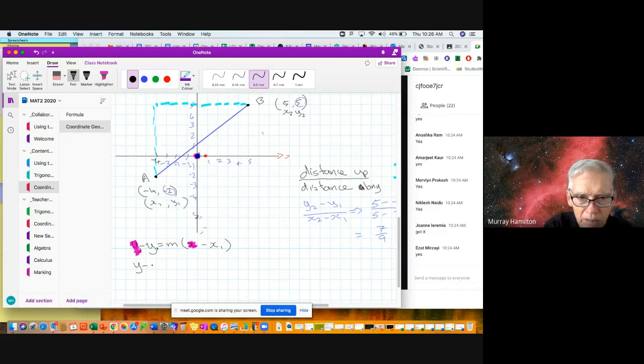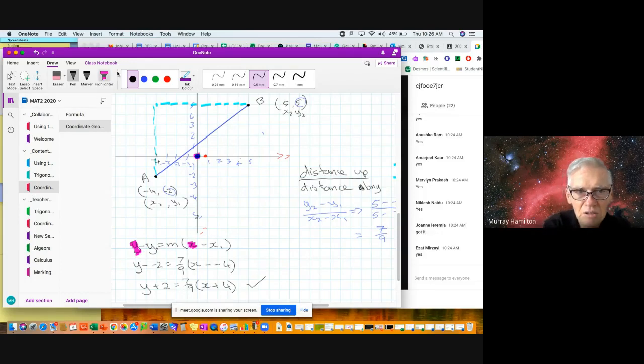So it's y minus -2 equals the gradient, which we've worked out as 7/9. x stays the same, minus x1, which is -4. Now, we can leave it in this form, and that is sufficient. That is the easiest way to do it.